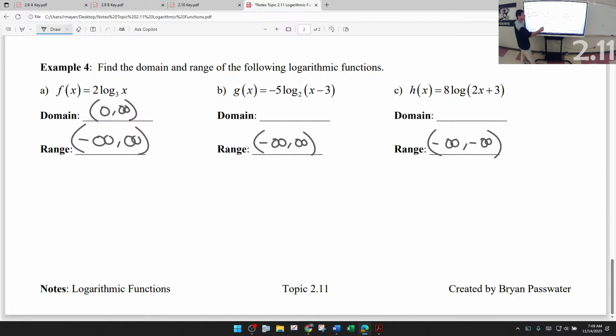So this one will go from 3 to infinity, because it's shifted to the right 3 units. And that one is shifted to the left 3 units. It's not shifted negative 3/2, is it? I think it's left 3.